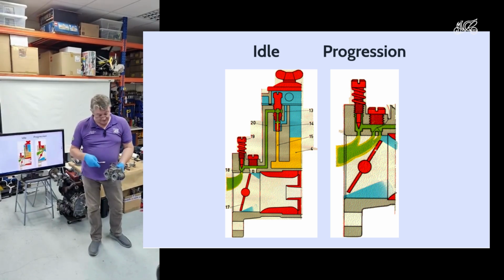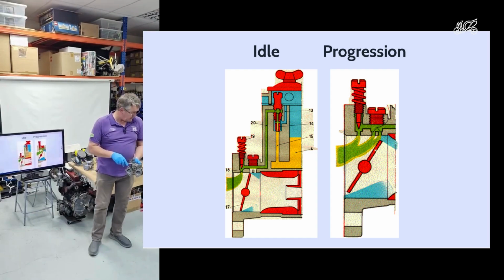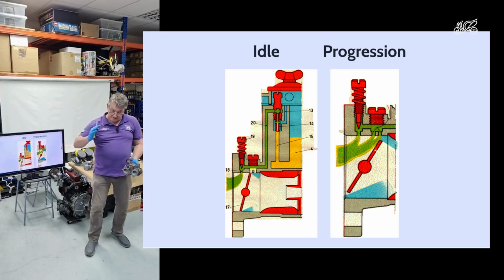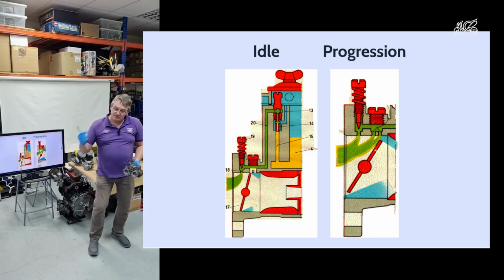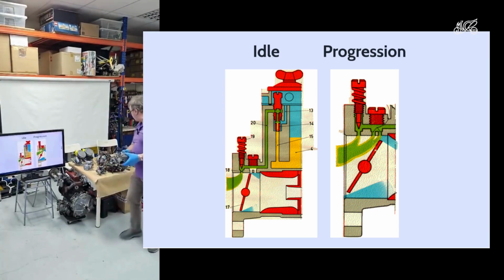And there's an extra system on these to add extra fuel so that the car will start cold. And then go back to that graph. When you put your foot down, you want it to suddenly go rich. Yeah, that gives you the most power. And that is the injection. Sorry, that is the accelerator pump, which I'm trying to look for on these, but normally it's on the bottom.